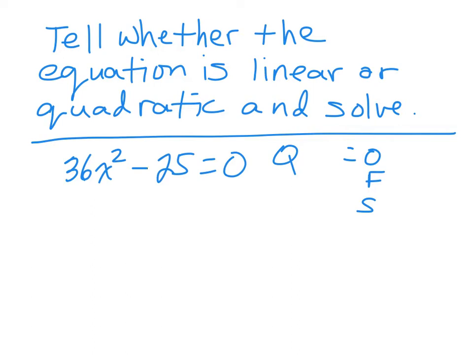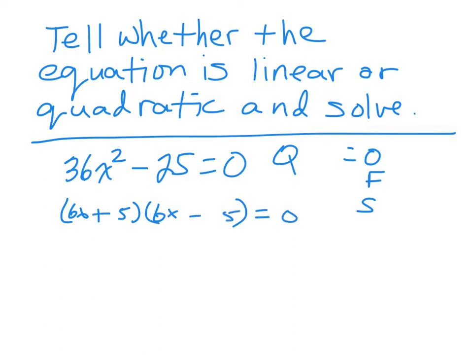Let's factor it. If I look for a common factor between 36 and 25, I'm not going to find one. It's got 2 terms, so I should check to see if it's the difference of squares first. Is this the difference of squares? Yes, it is. 36x squared will go 6x and 6x. 25 will go 5 and 5.